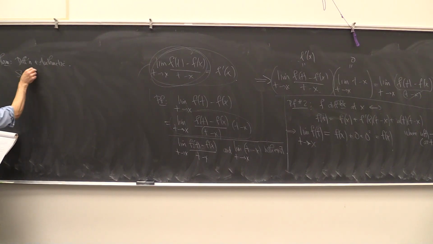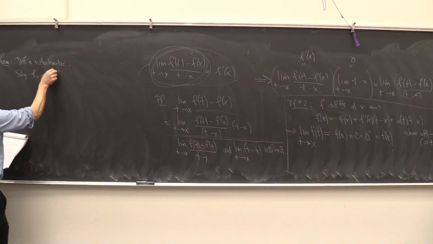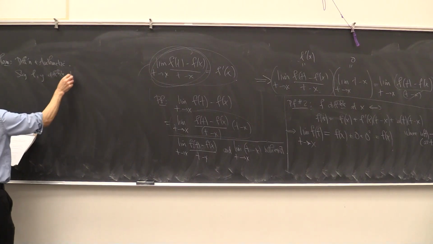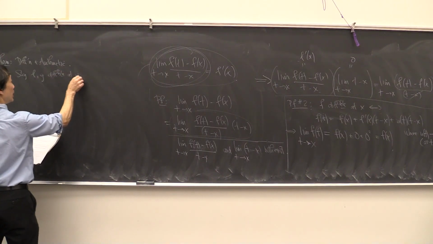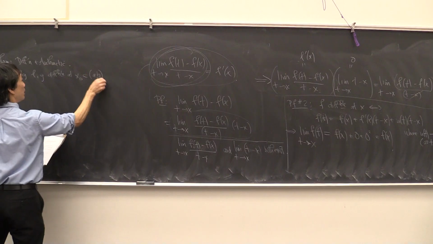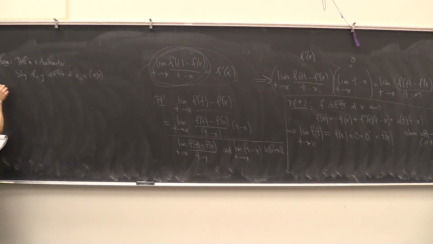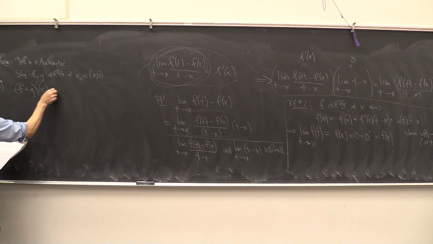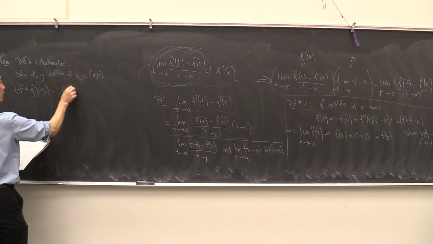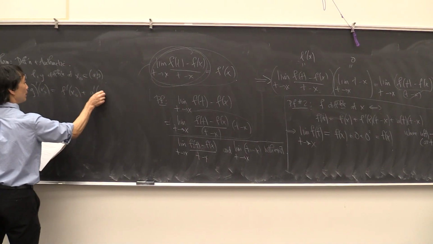Say that you have two functions, f and g, that are differentiable at some point x naught in (a, b). Then the derivative of the sum equals the sum of the derivatives.